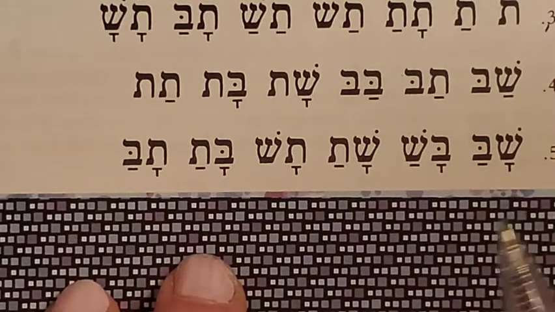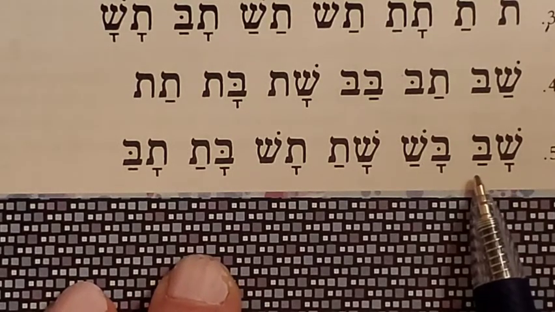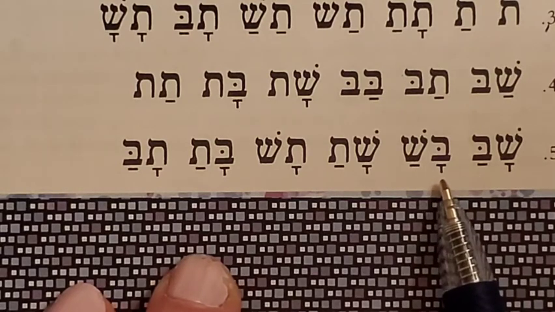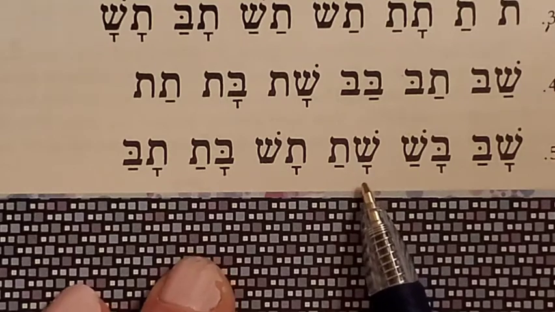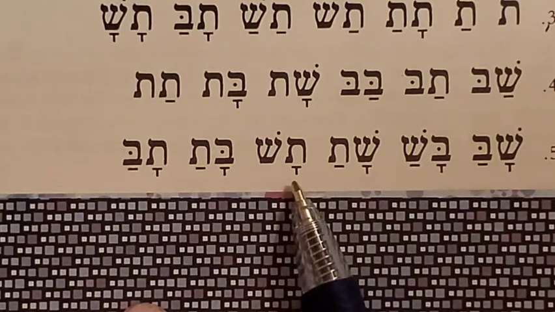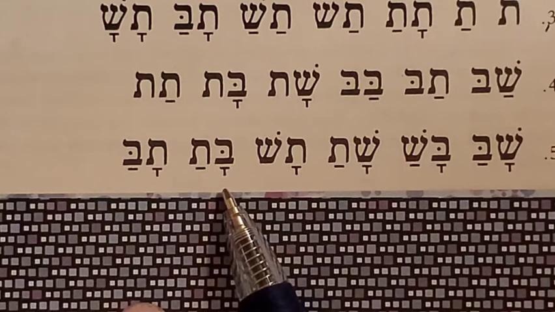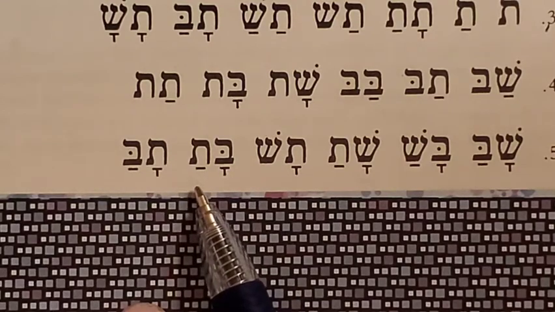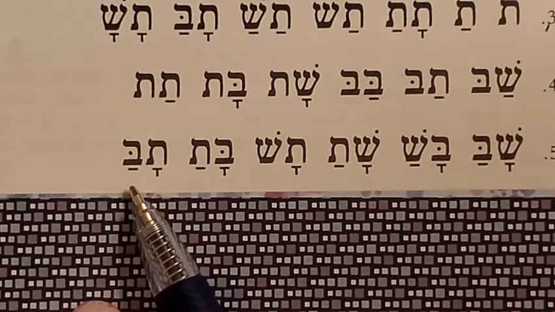Doing okay? All right. Number 5, sha, ba, ba, sha, sha, ta, ta, sha, ba, ta, ta, ba.